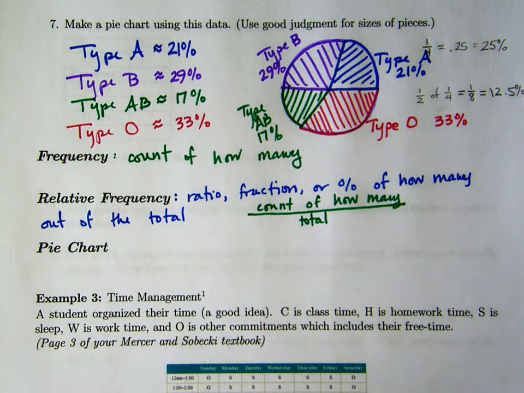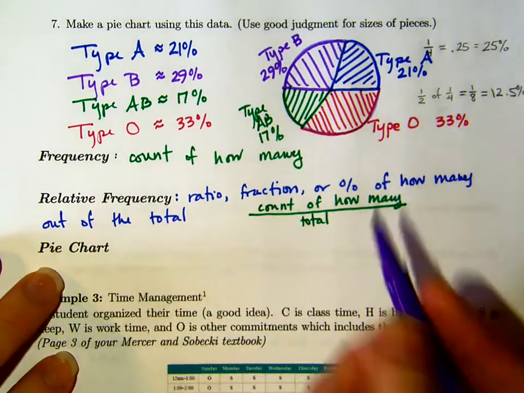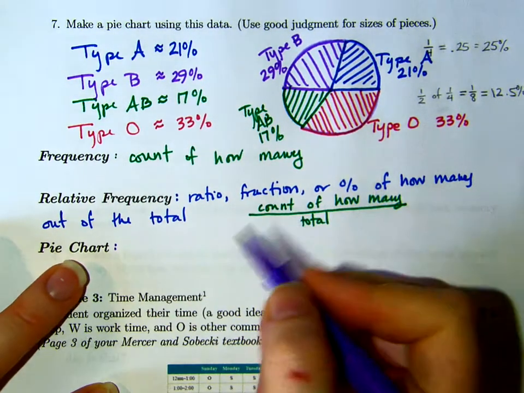And then when I think about the pie chart, it is categories of data drawn as sectors of a circle.